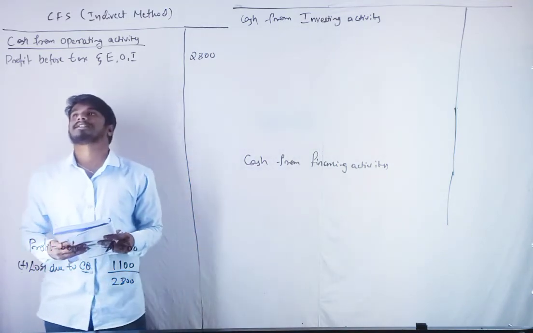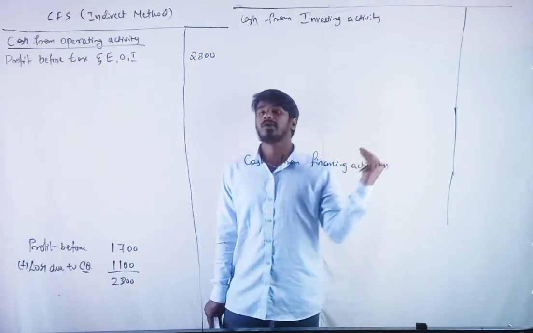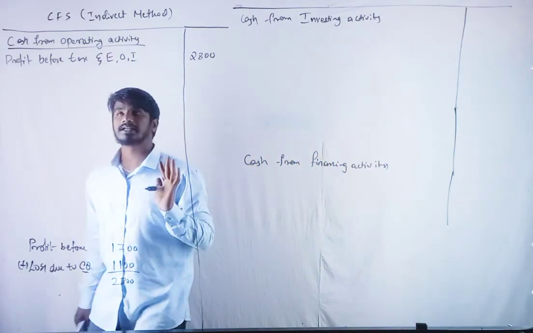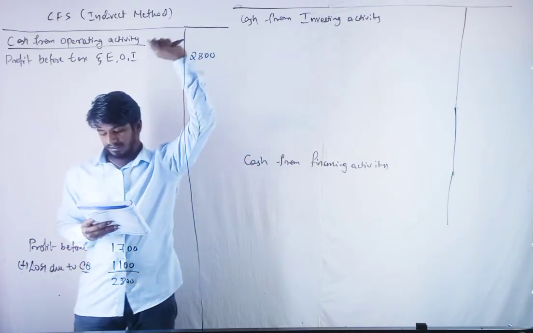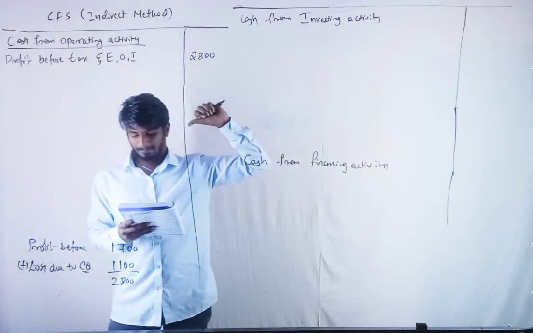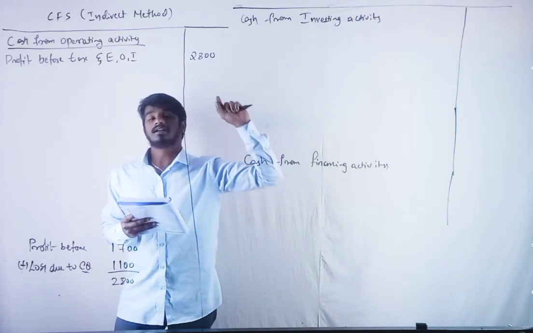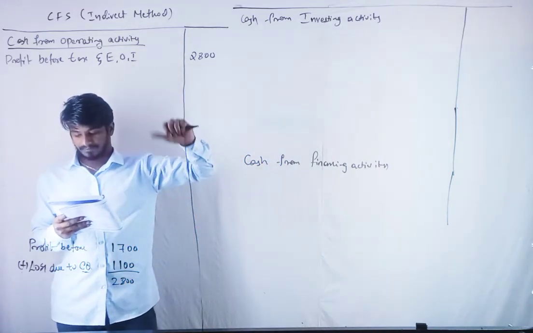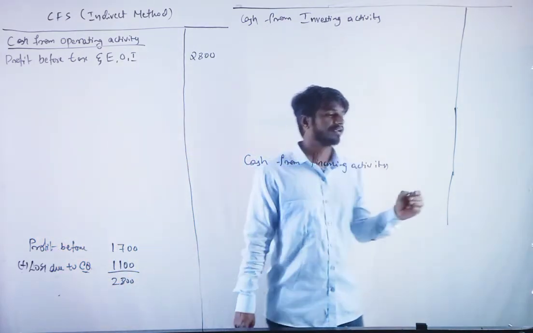Okay, so next item. What next? We will add the non-operating and non-cash items. In the P&L, let's start from the P&L. They have given revenue from operation. Is that operating? Yes. Other income, they have given dividend.